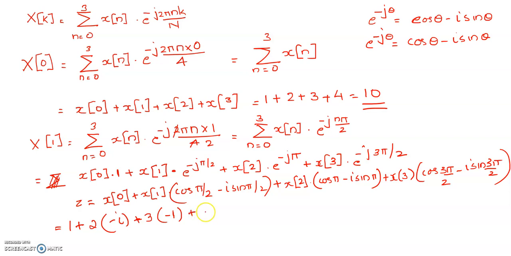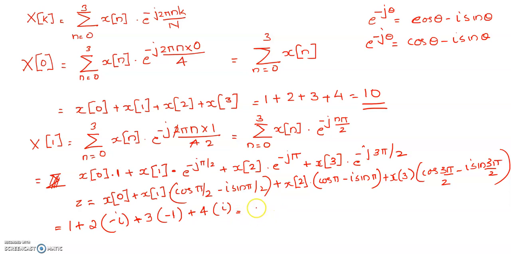Plus x of 3 is 4, and when x of 3 becomes 4, it becomes cos 3 pi by 2 is 0 minus j sin 3 pi by 2. Sin 3 pi by 2 is minus 1, so it becomes plus j. So you have the plus j term here.